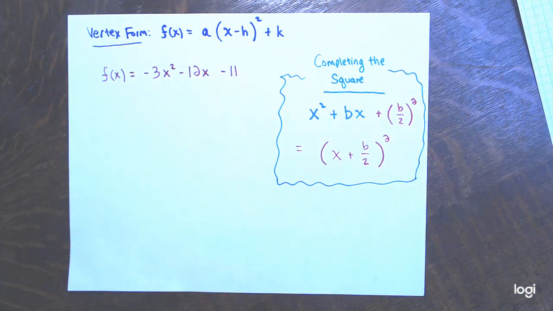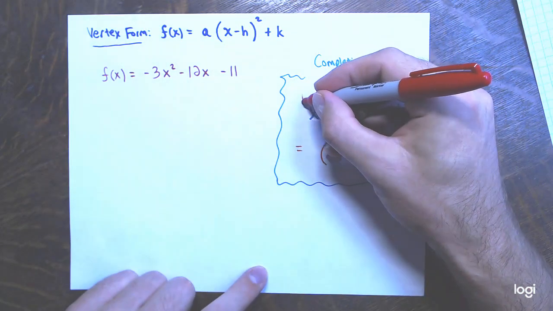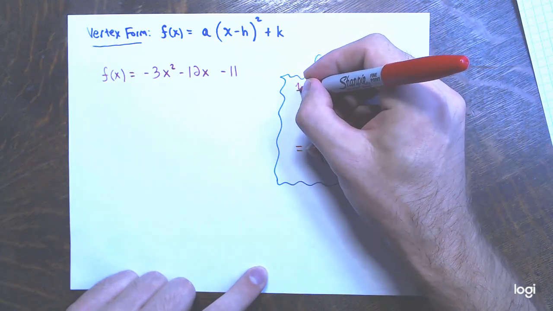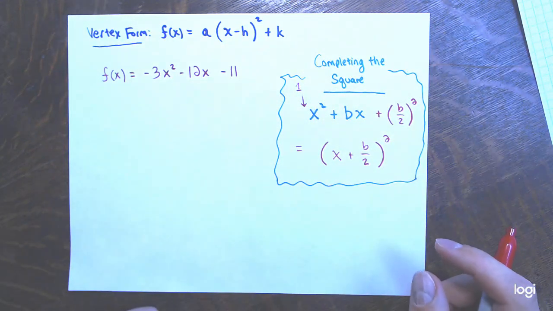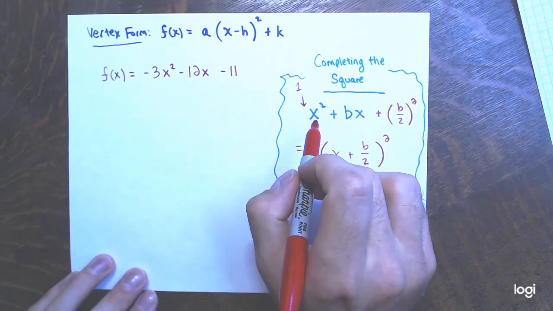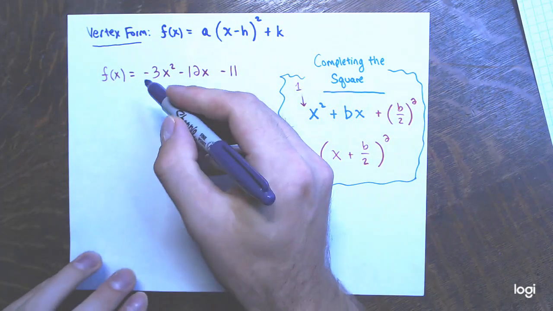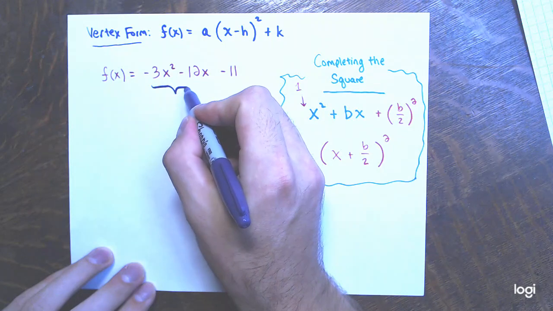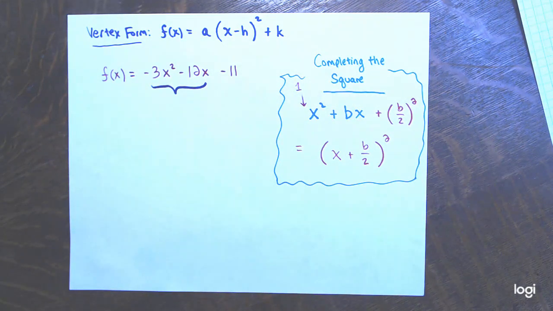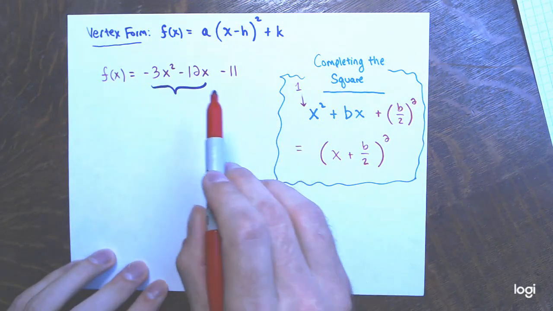Alright. Now, as I mentioned, in completing the square on the terms with variables here, the lead coefficient was 1, not -3. And again, the only terms I'm focusing on are the terms with variables. So I'm only going to focus on these two terms right now, the -3x squared and the -12x. Well, the coefficient on the x squared is not 1, it is -3.